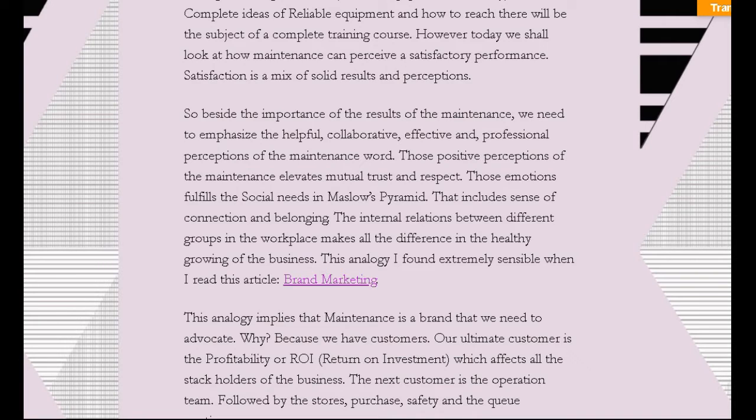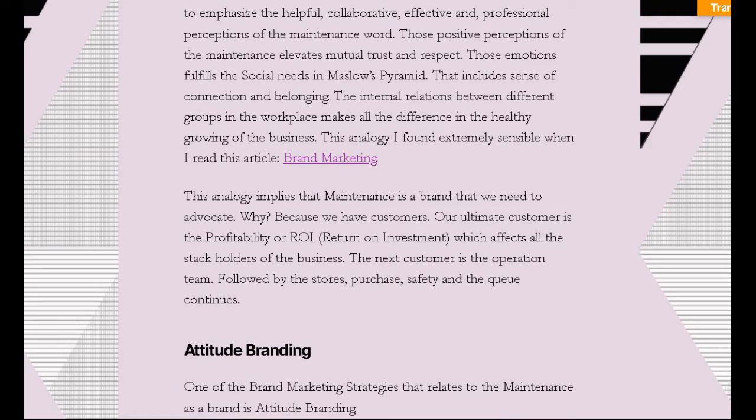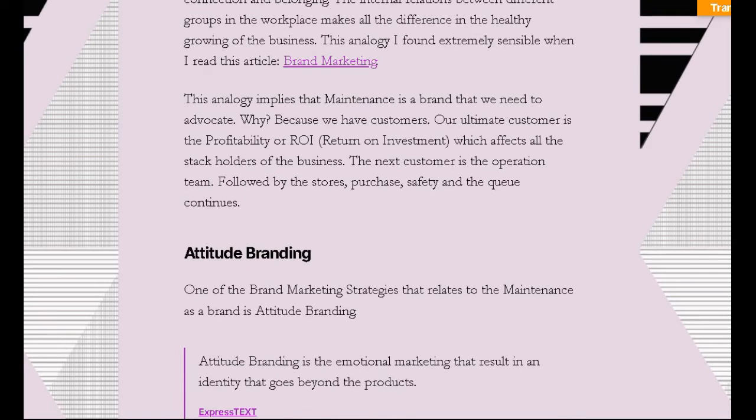We need to make the word maintenance associated with collaboration, with helpful, with effective, with professional. If you manage to couple the word maintenance with professionalism and with helpfulness and with cooperation and so on, you are making what they like to call brand marketing for your maintenance.